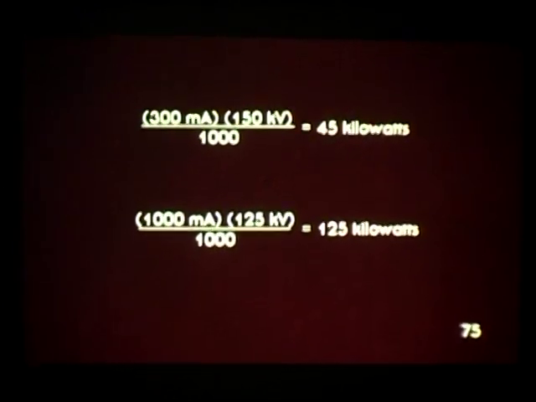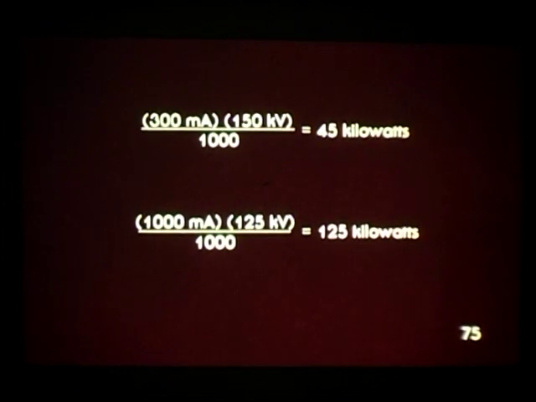Let's look at some examples of X-ray generator power ratings. If a manufacturer says that his generator is rated at 150 kV at 300 mA, the power rating in kilowatts is 300 times 150 divided by 1,000, or 45 kilowatts.